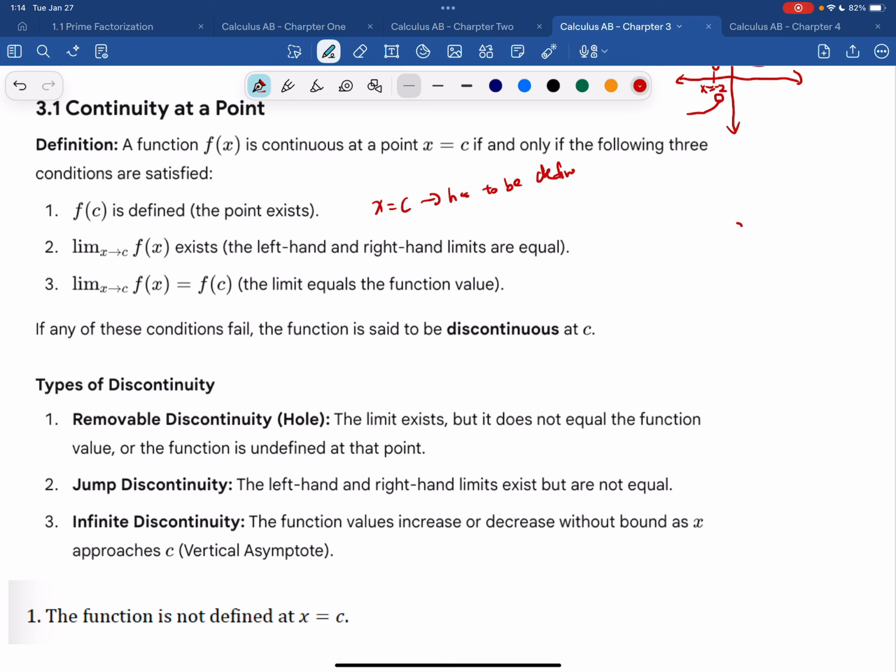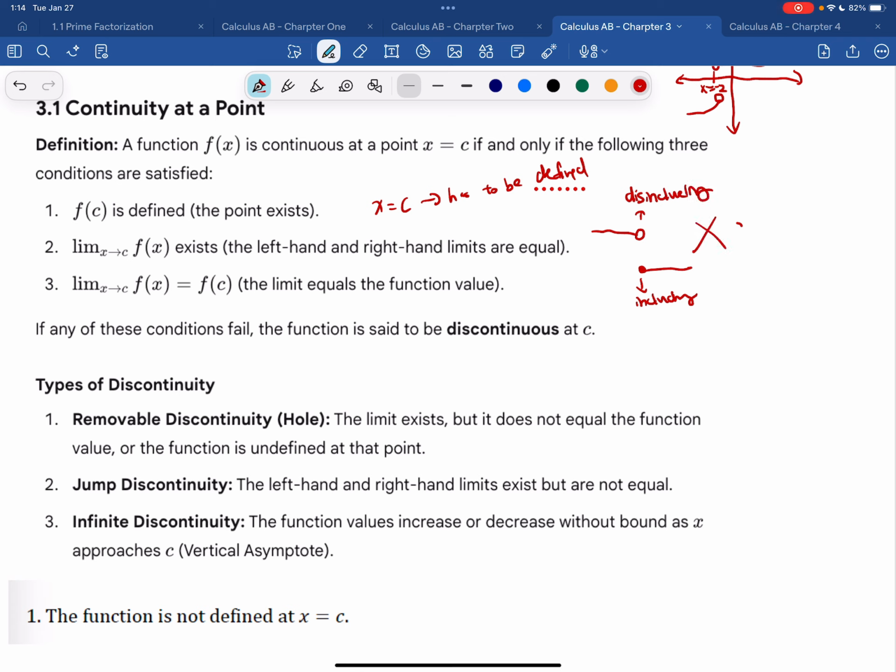The second condition is that the limit as x approaches c of f(x) exists. What that means is that both the left-hand and the right-hand limits are equal. For example, something like this will not be equal, because this is included and this is included, so the right-hand and left-hand limits are not equal.